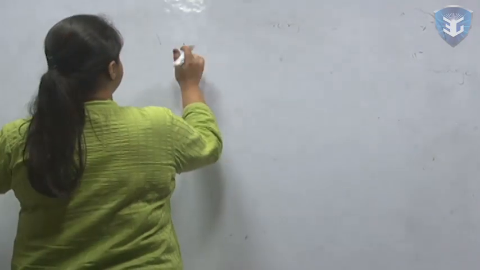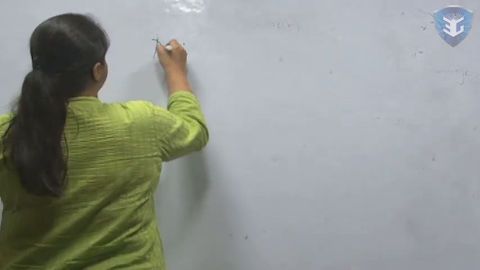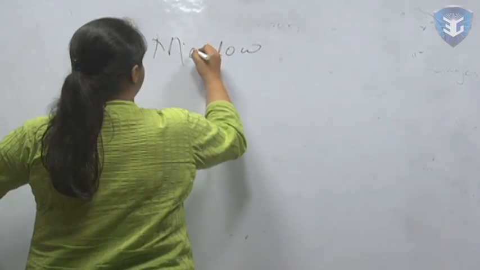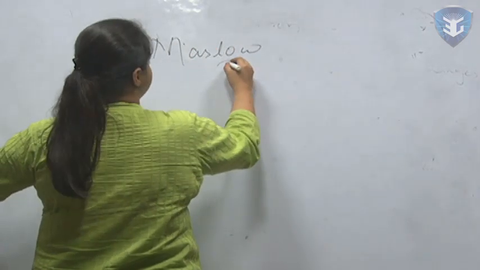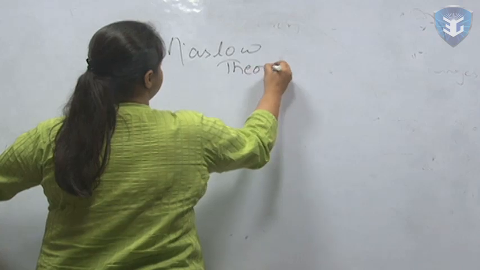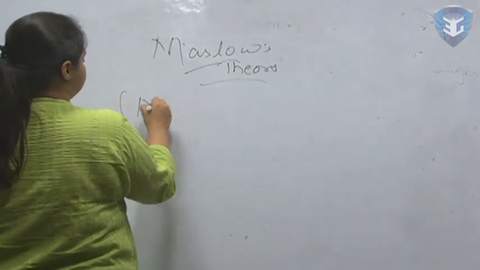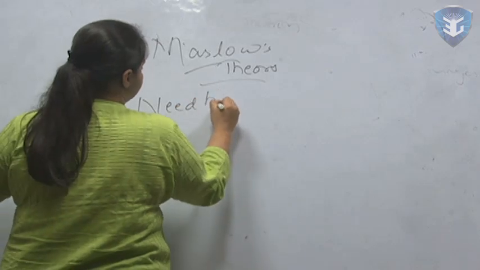After values, a very important theory that forms a basis of the attitudinal aspect, which is commonly known as Maslow's theory. This is basically called the need hierarchy theory.